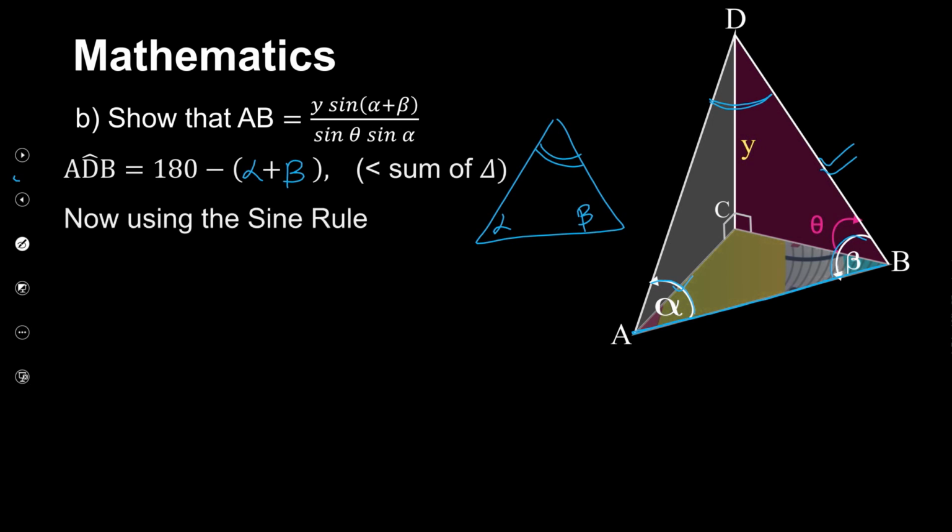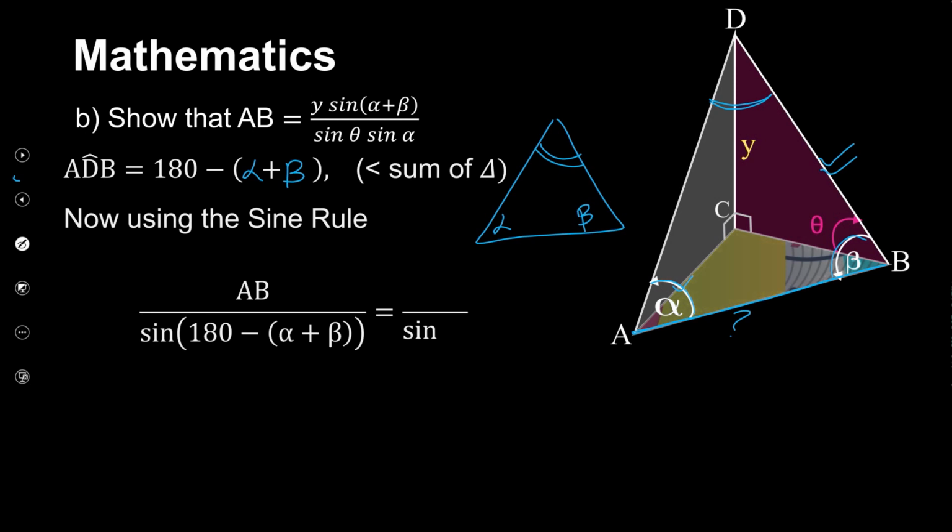Now we're going to use the sine rule in our triangle, and because we want to find AB, we start with AB over the sine of the angle across it. So it's sine of 180 minus alpha plus beta, because that's the angle across from AB.